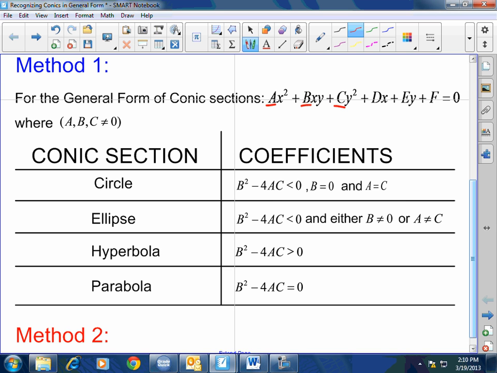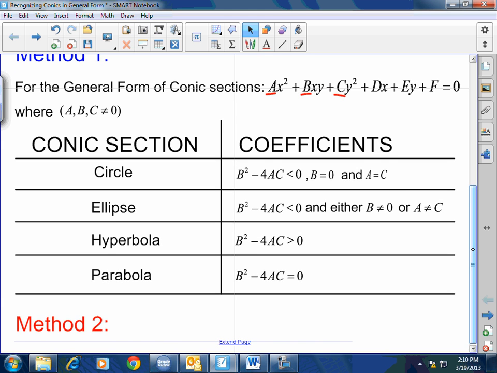That's a mission. If b squared minus 4ac is less than 0, and either b doesn't equal 0 or a doesn't equal c, it's an ellipse. Mission. B squared minus 4ac is greater than 0. That's not that much of a mission. It's a hyperbola. And b squared minus 4ac equals 0. Not that much of a mission. It's a parabola. Let me show you how Mr. Morrow does it.